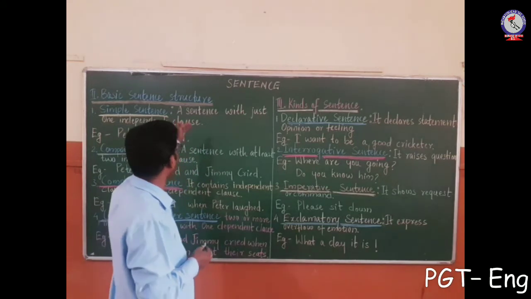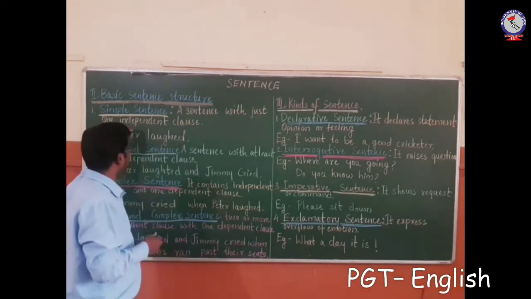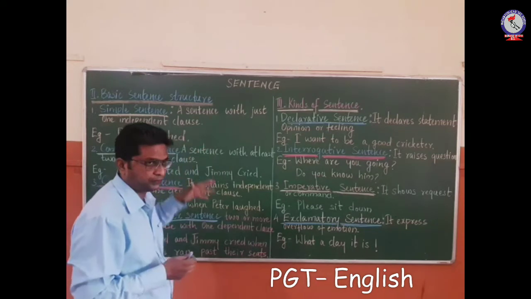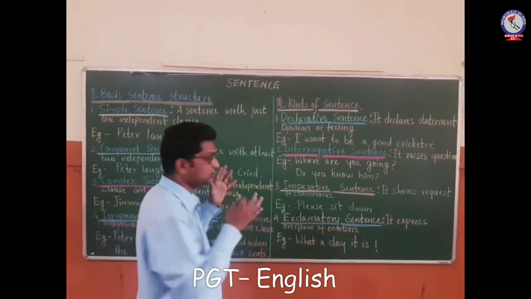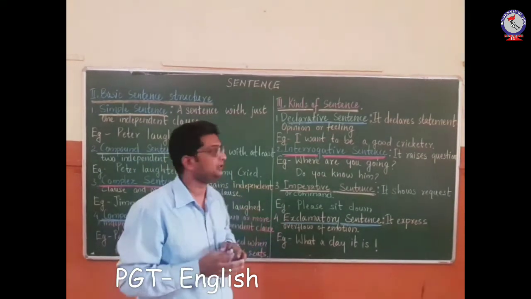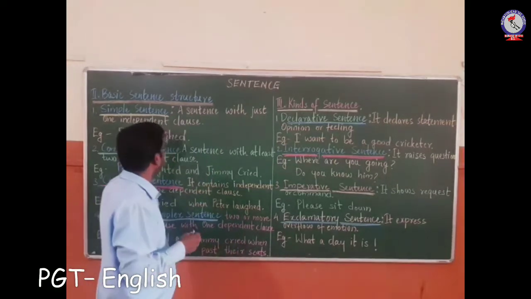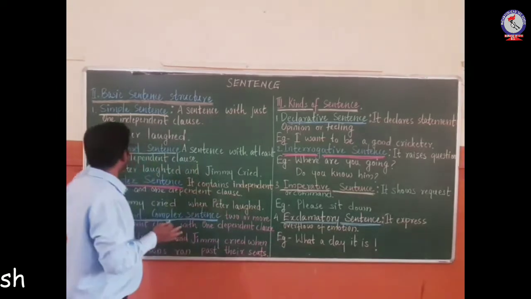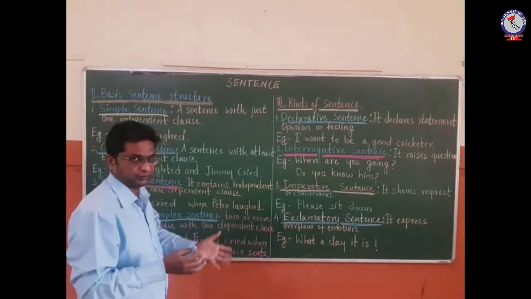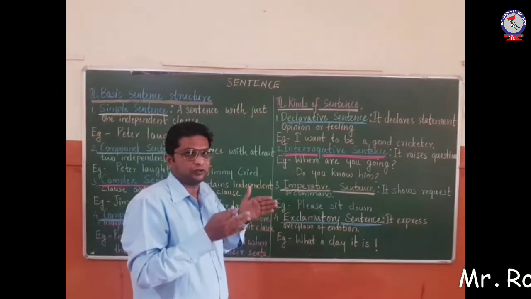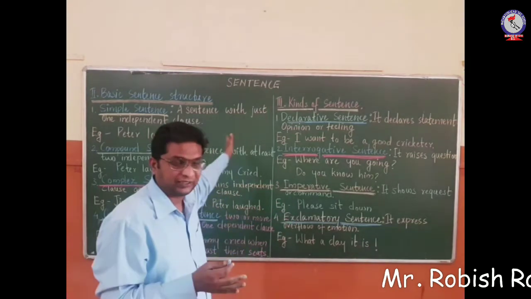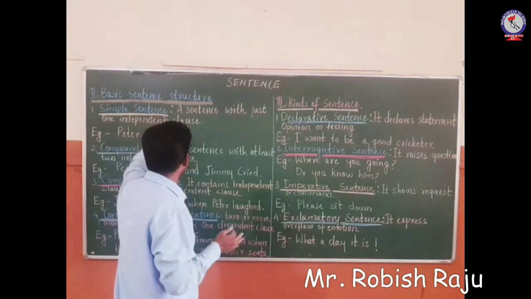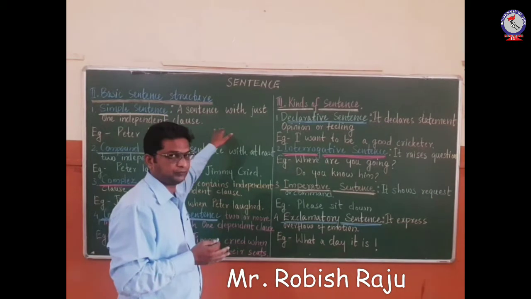It contains just one independent clause. A simple sentence would always contain one independent clause. Let us see the example. Peter laughed. That's the simple sentence containing one independent clause.